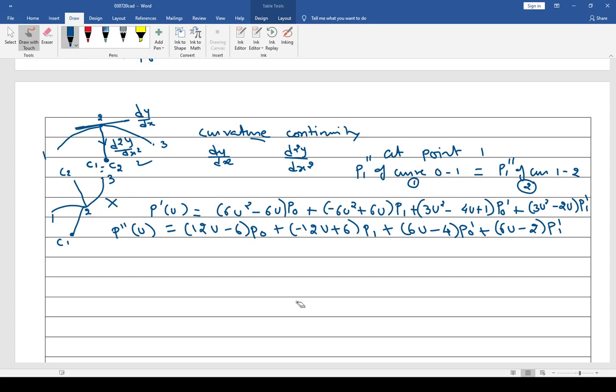Okay, so this is what I got for the first equation. So this is for the first line, first curve I say.